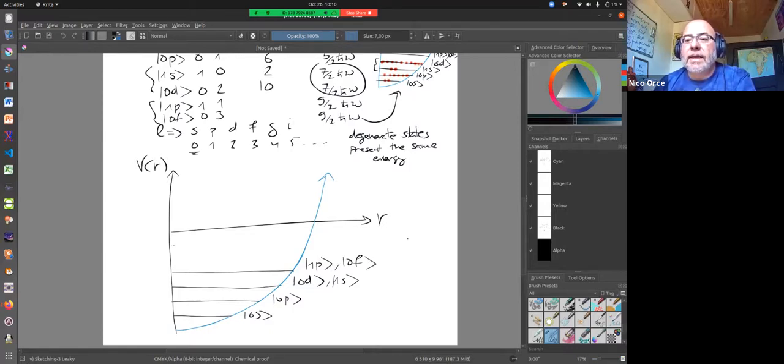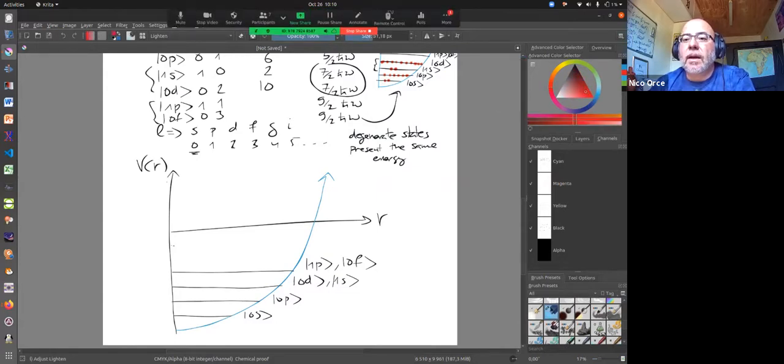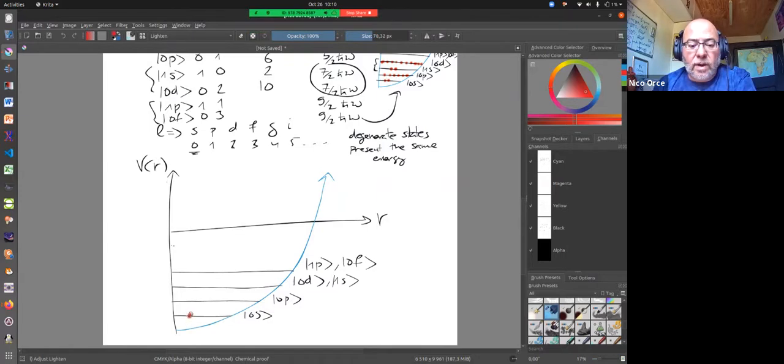So now these guys, in terms of occupancy, will have to follow the Pauli principle. As I say, two guys here. This one will have 1, 2, 3, 4, 5, 6.